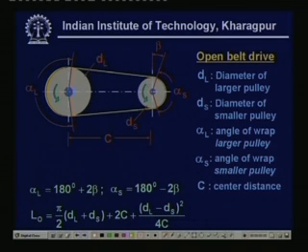You can see, this is one pulley, this is another pulley. This particular pulley we call the smaller pulley and this is the larger pulley, as you can see from the figure.